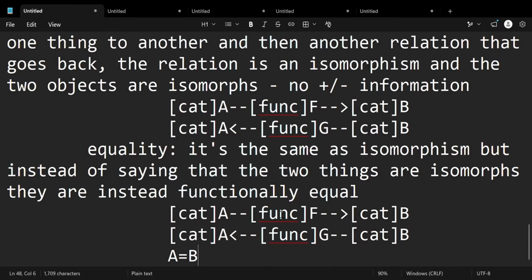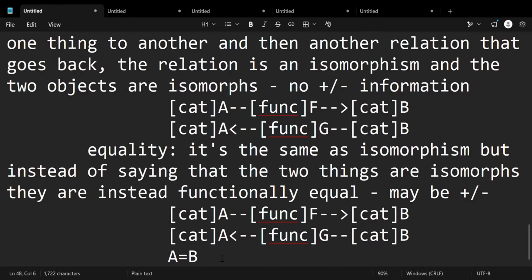And a lot of the times when you apply the equality rule, there may be gain or loss of information. I'm just going to put plus minus. That's the equality rule.